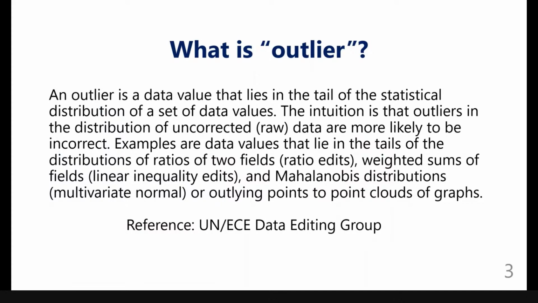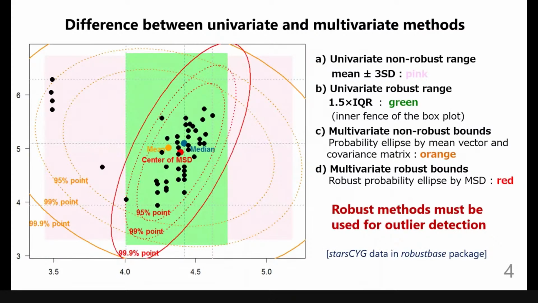Definition of outlier depends on the purpose of activities, but in this presentation, we define an outlier as observations in the tails of the distribution. This scatter plot shows the difference between robust and non-robust methods, together with the difference between univariate and multivariate methods. In a data cleaning step for a numerical variable, we often decide an appropriate value range and examine extreme values out of the bounds.